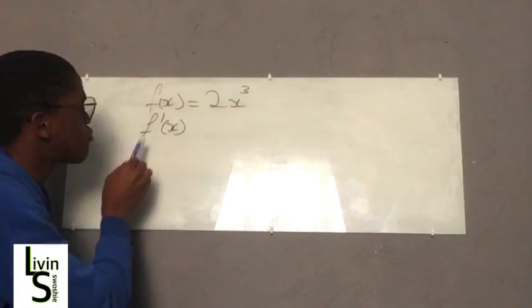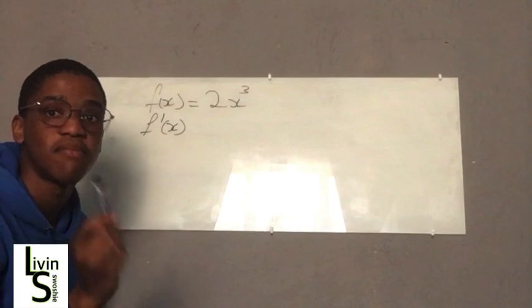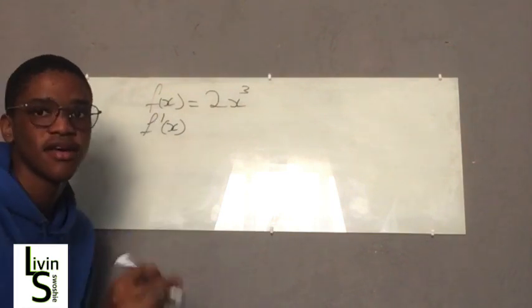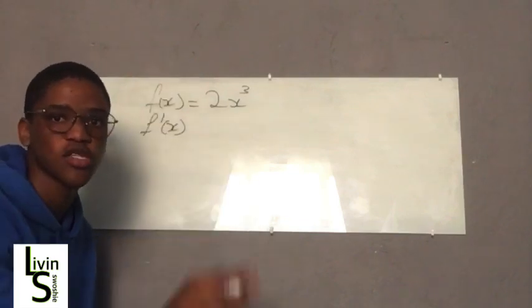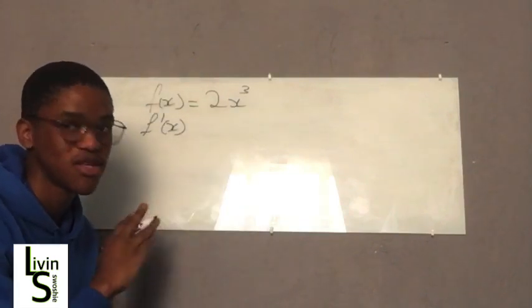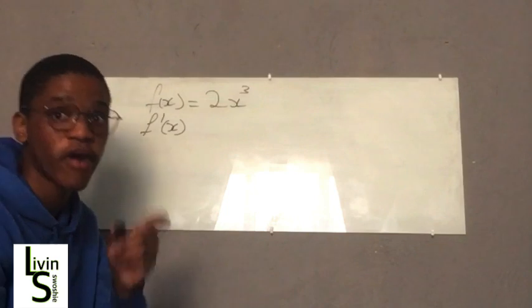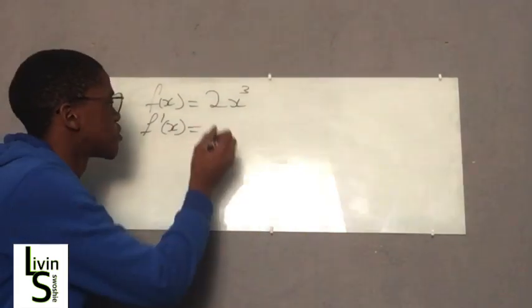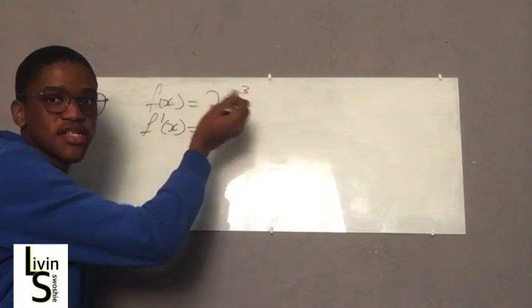Guys, f prime of x is really important because some markers, we were told that if you do not put this prime mark, everything is wrong. So even if your answer is correct, they will mark you wrong if you do not say f prime of x. Okay, fine. And then I said that we're going to say base times exponent minus 1.